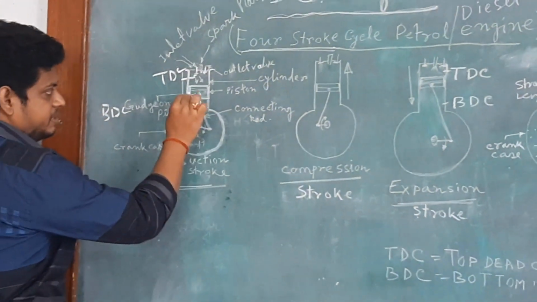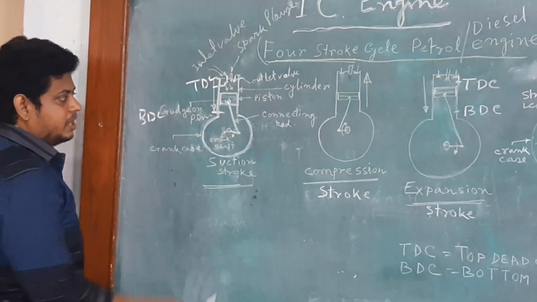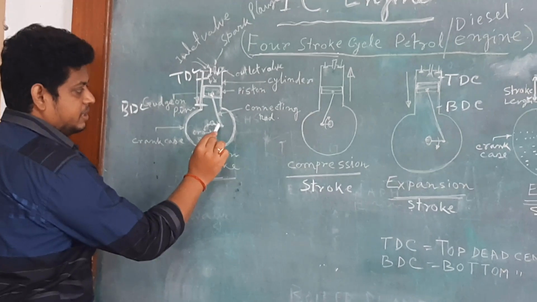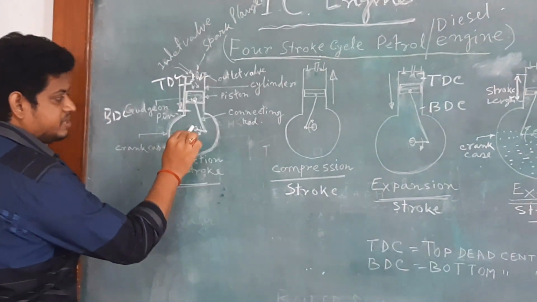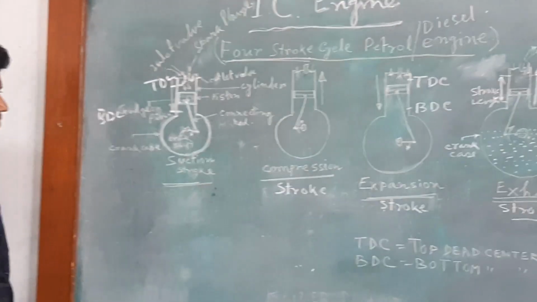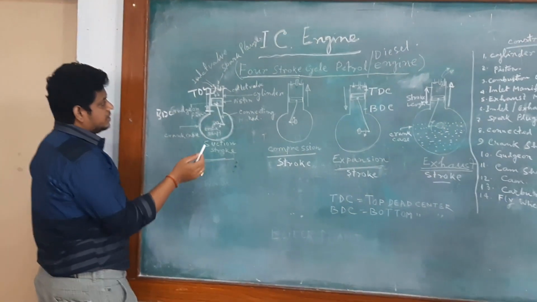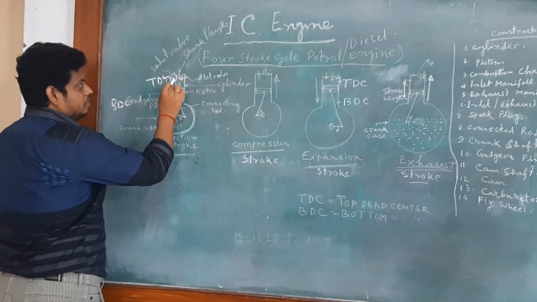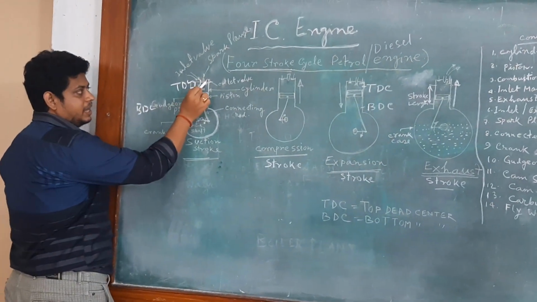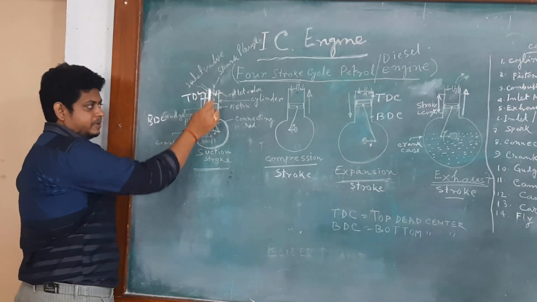Inside the cylinder is the piston, and the piston is connected with the crank by a connecting rod, and the crank is connected with the crankshaft. Some other parts are there: two types of valves, one is the inlet valve and another is the exhaust valve.